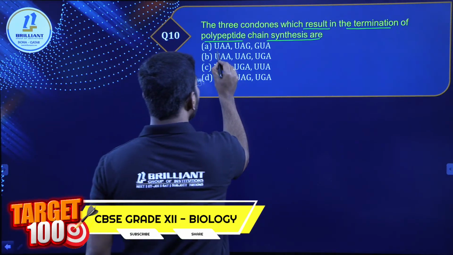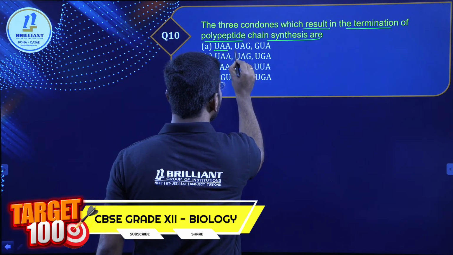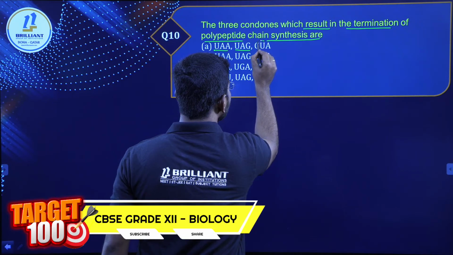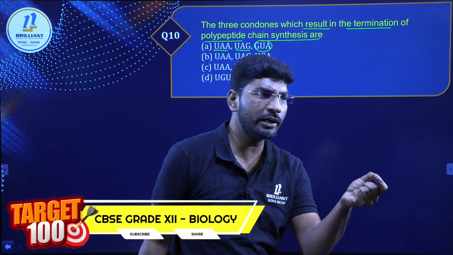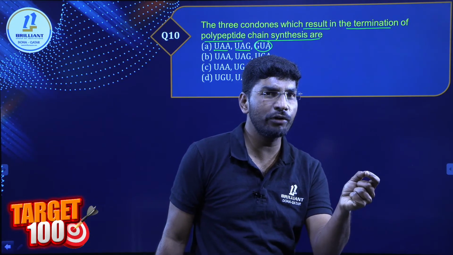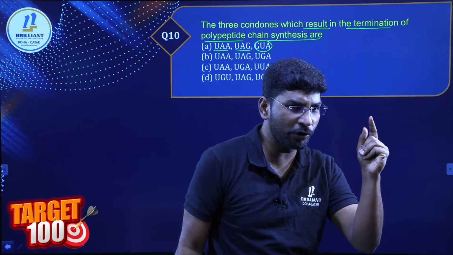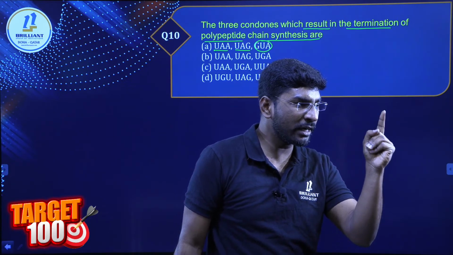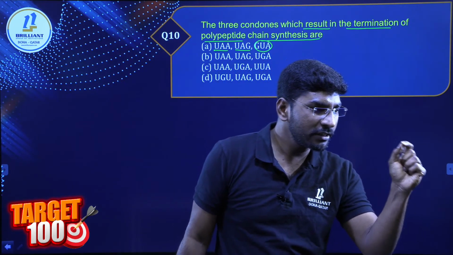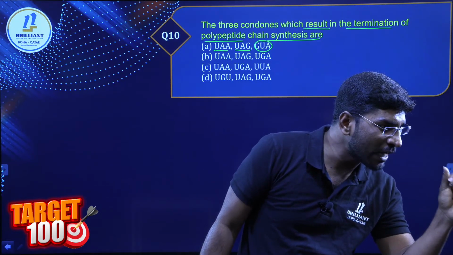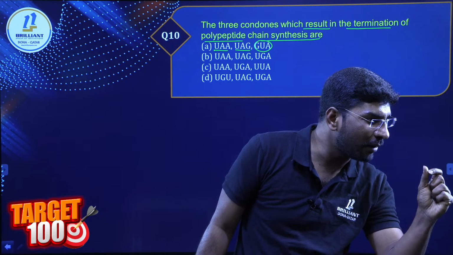Number 1: UAA, stop codon; UAG, stop codon; GUA. Can you tell me what GUA codes for? If I am not wrong, GUA codes for valine. Am I correct?